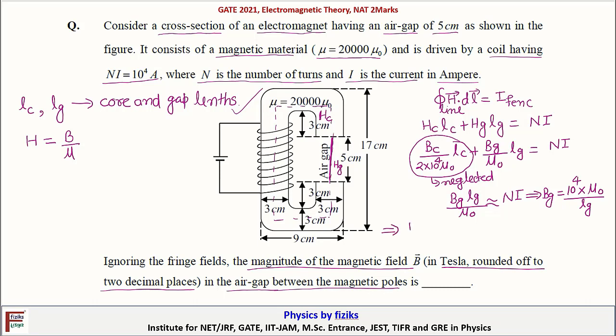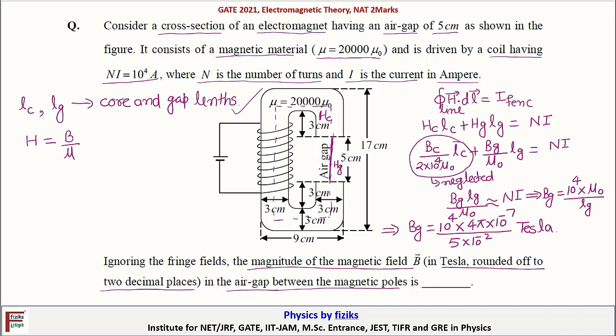Now Ni is 10 to power 4 amperes, mu naught is 4 pi into 10 to power minus 7, and Lg is 5 centimeter or 5 into 10 to power minus 2 meters. So that you will get in Tesla.